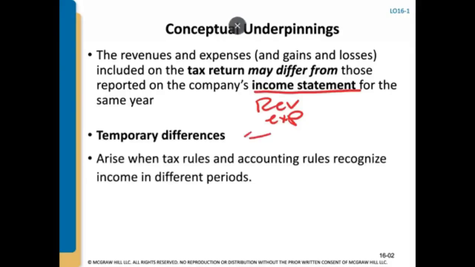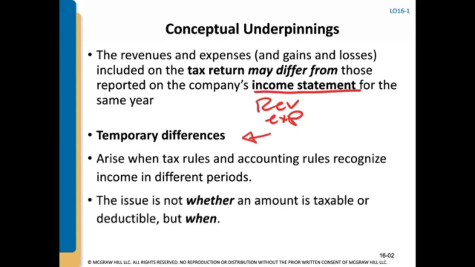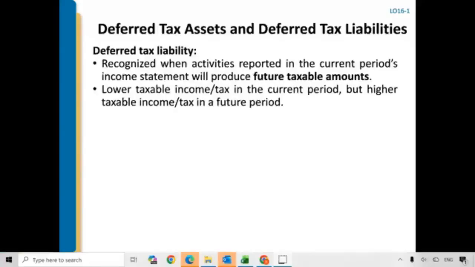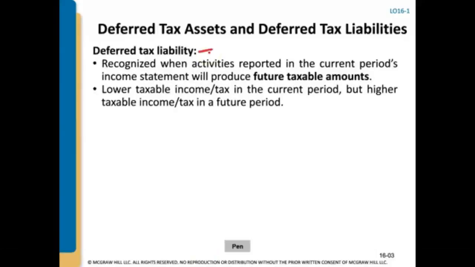Some of those differences are temporary in nature, meaning that it's just a difference in when the revenue and expense is recorded on the tax return versus when it's recognized for financial reporting purposes. We have deferred tax liabilities, which are recognized when activities, meaning revenue or expenses, reported in the current period's income statement, which means financial reporting, will produce future taxable amounts.